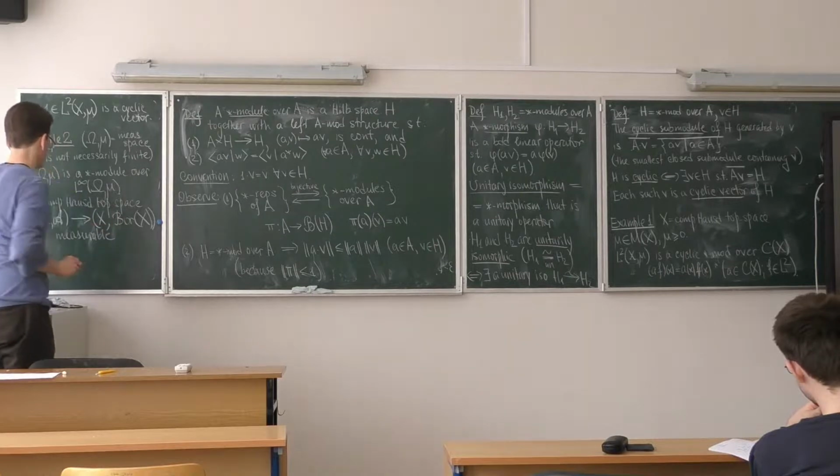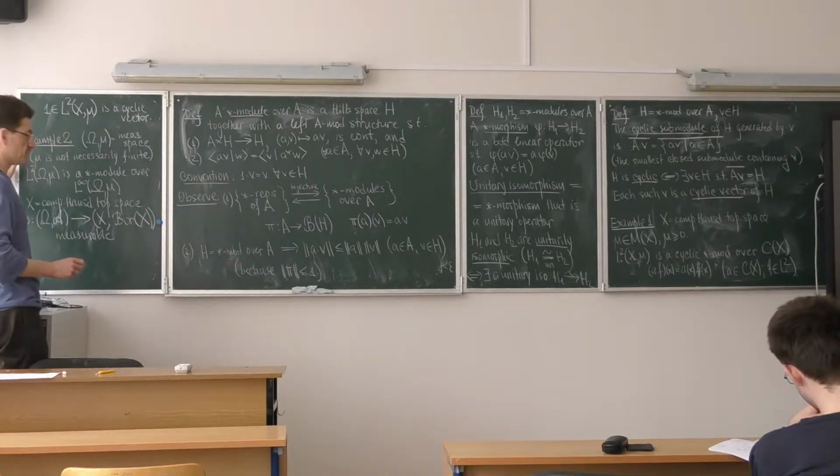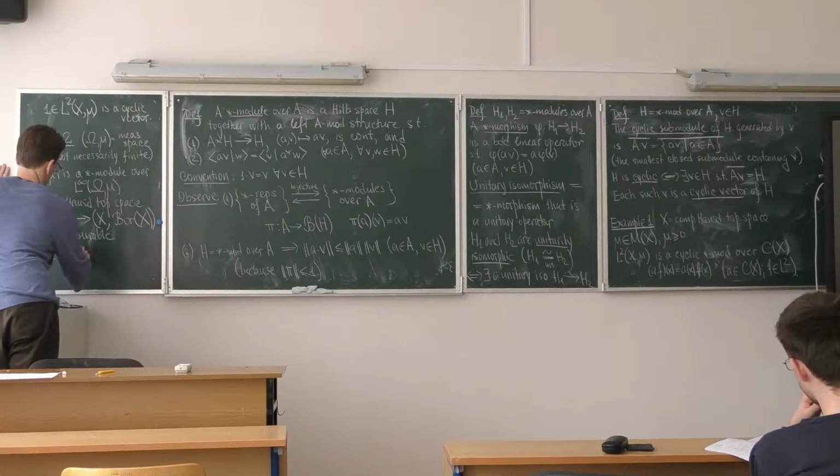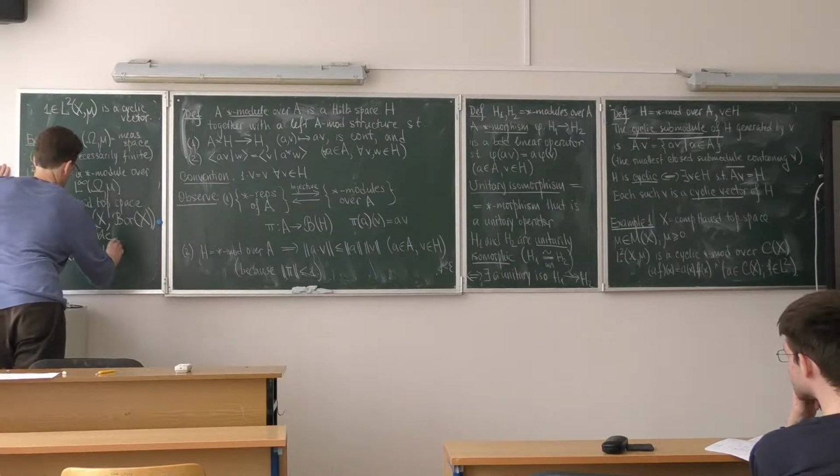Then phi induces a star homomorphism, phi dot, from the algebra of continuous functions on X to L infinity of omega.